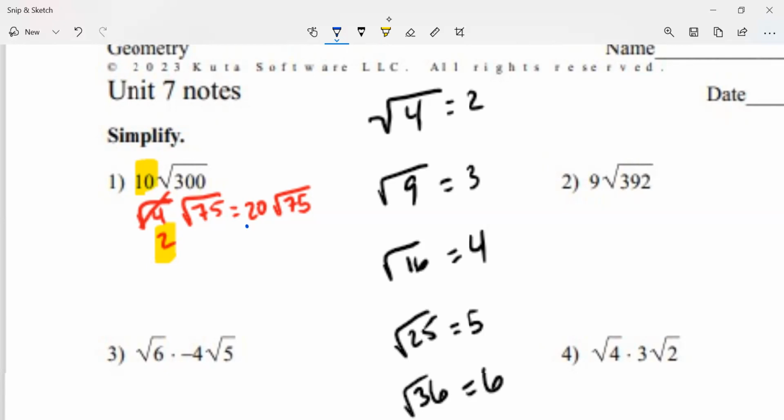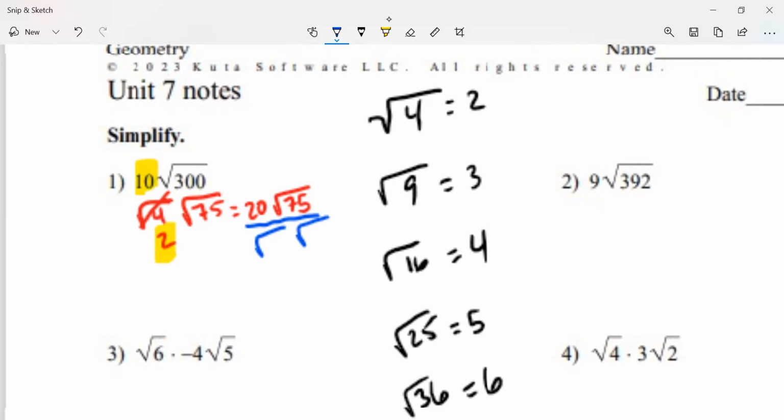So I'm looking at this as a brand new question. I ask myself, can I simplify the square root of 75? Can I break this into 2 radicals? I grab my calculator. We go 75 divided by 4. It gives me a decimal, so it doesn't work. 75 divided by 9.